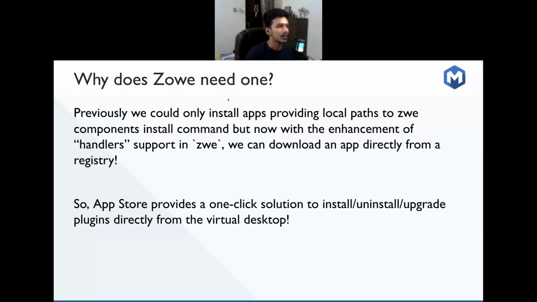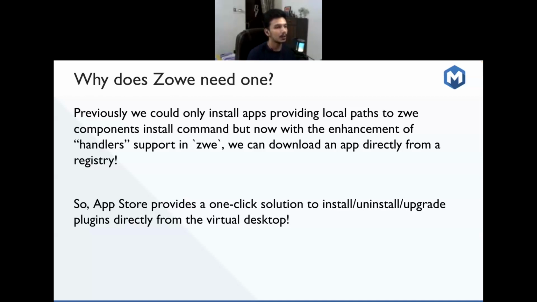So why does Zowe need one? Previously, it was only able to install apps by using local URLs and local paths. So only plugins that were present inside the system, that we were taking from FTP or GitHub or any other services, were possible.